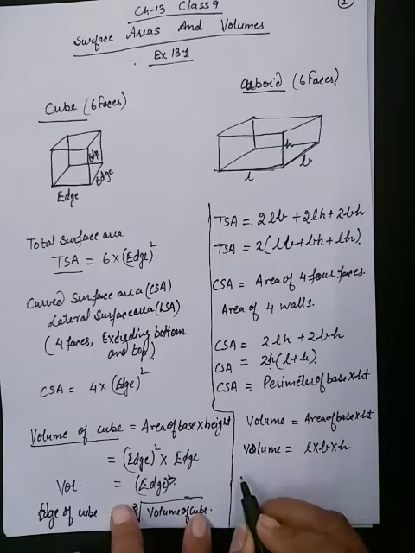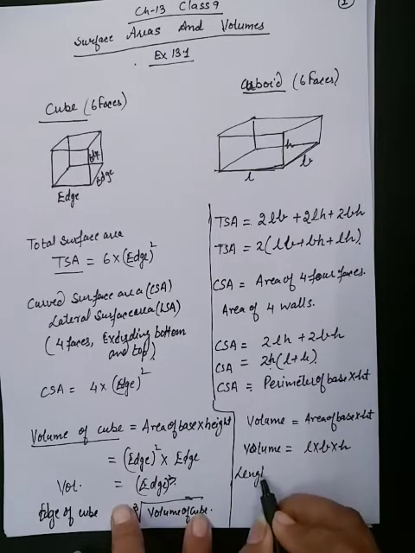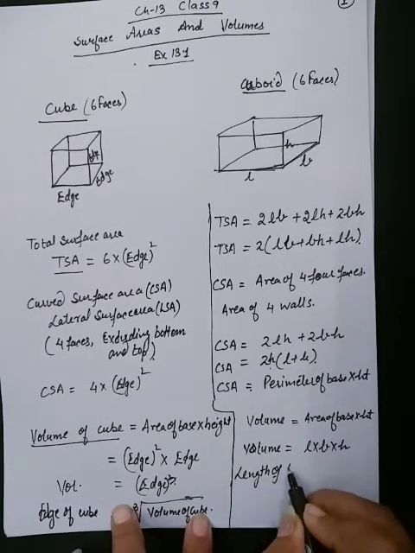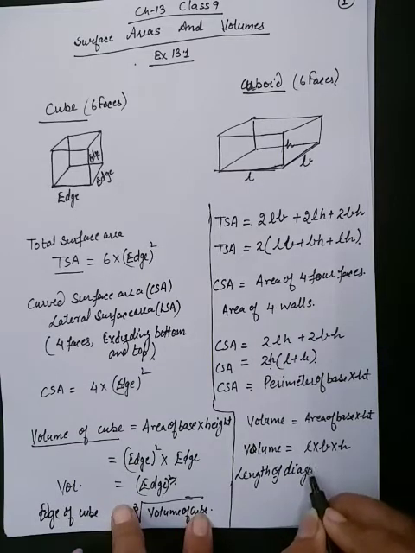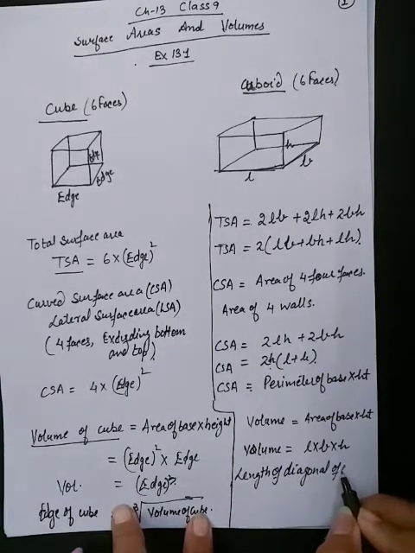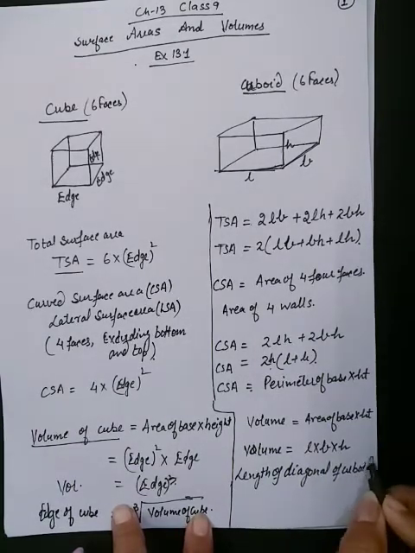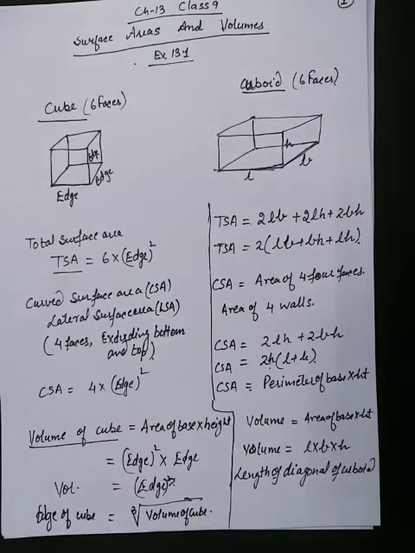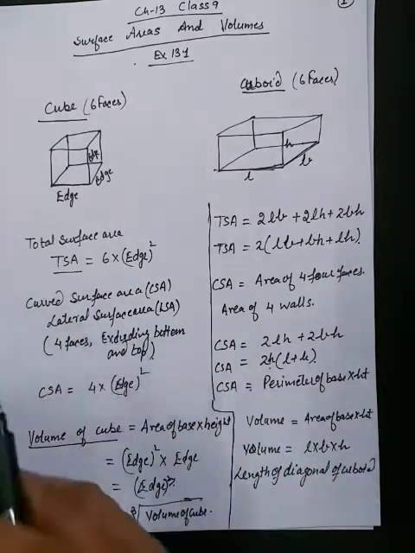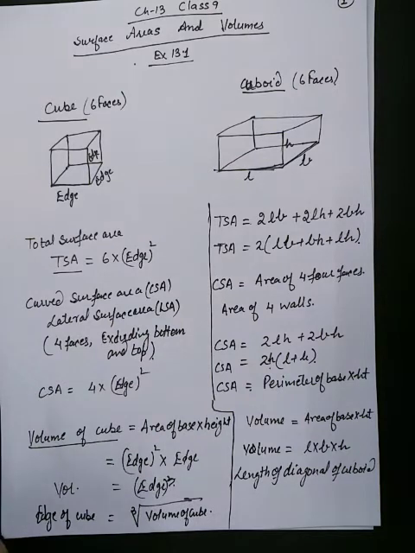Next formula is the length of the diagonal of a cuboid. Diagonal means, suppose we have to place a rod in a cuboidal room, and you are asked to find the length of the longest rod.